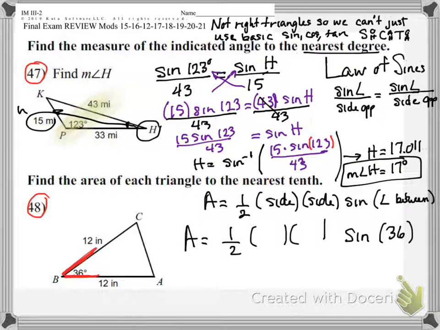If somebody told you this one over here was 9, it wouldn't matter. The ones we need are the two sides that meet at the known angle. So in this case, I'm talking 12 and 12. And really, they're not usually the same number, but this one happens to be. And then all I have to do is put that in my calculator.